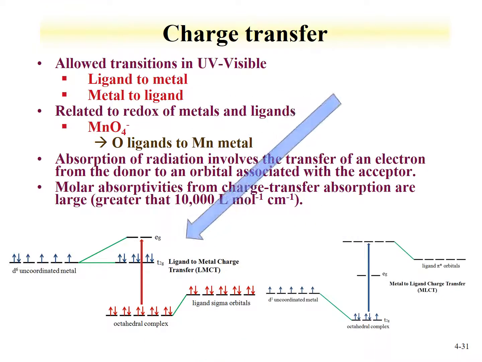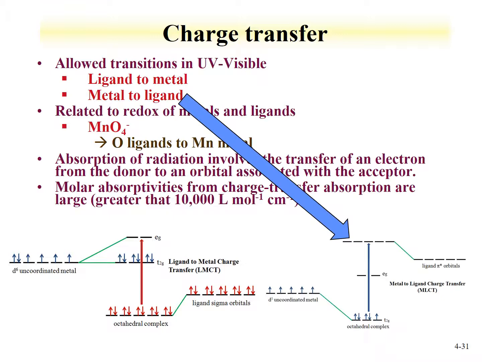The other route would be metal to ligand, and this is shown here, where we have these T2gs going to ligand orbitals in UV-visible spectra. These energies are relatively high, so we'd expect these molar absorptivities to be observed at lower wavelengths.